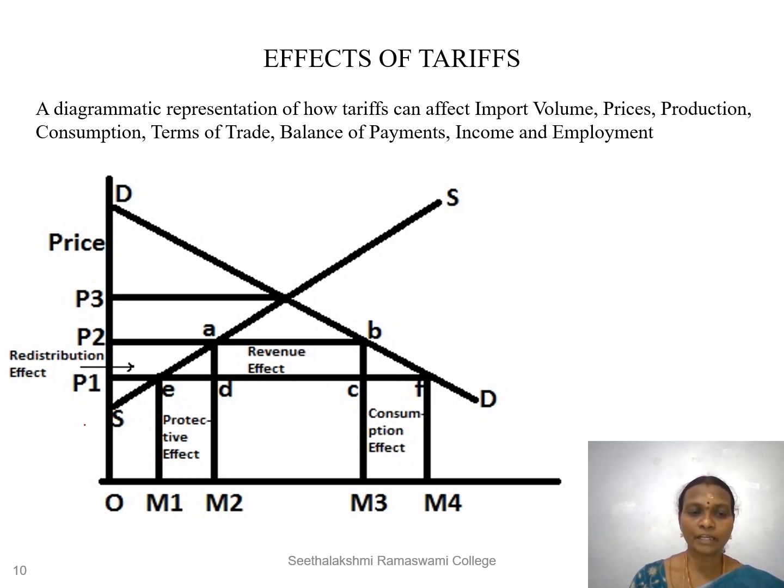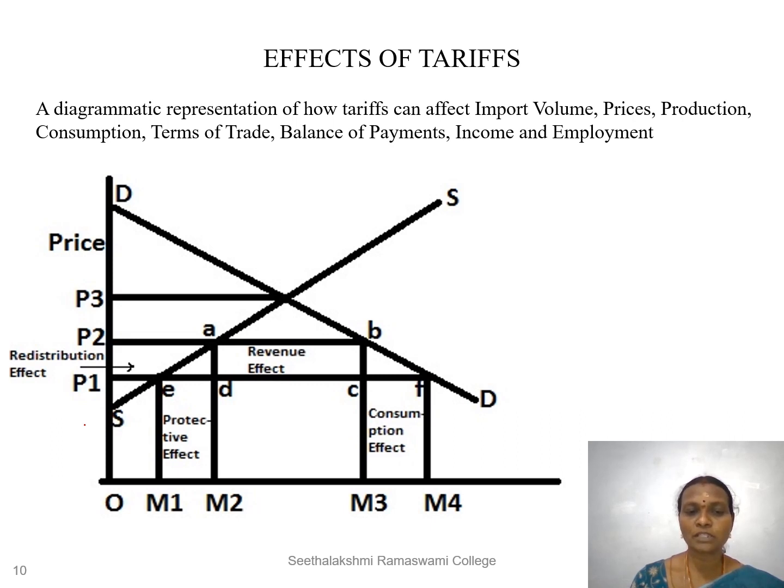By imposing the tariff, the price of the goods changes. The price rises from OP1 to OP2. The rise in the price is P1P2. At this OP2 price, the domestic producer is able to produce OM2 quantity of goods.